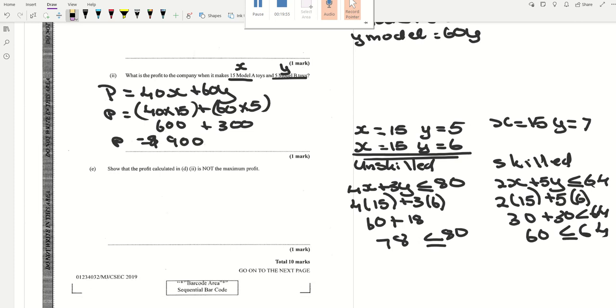You will just check this on your calculator. That's 4 by 16 plus 3 by 5. You'll get 79. But let's check 2 by 16 plus 5 by 5.